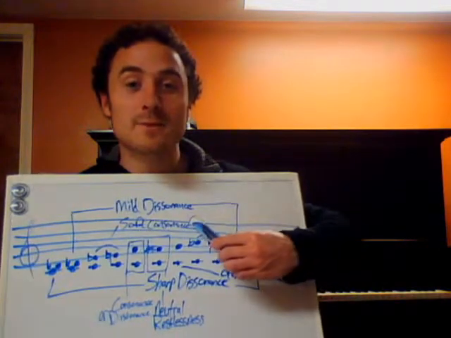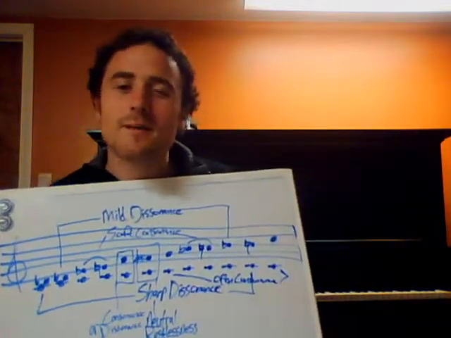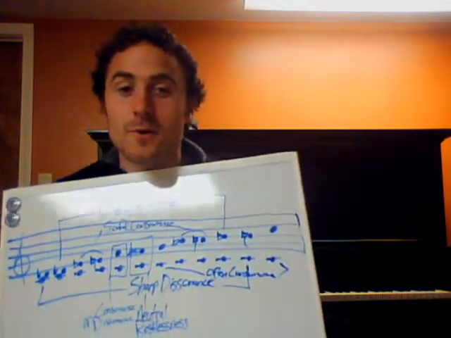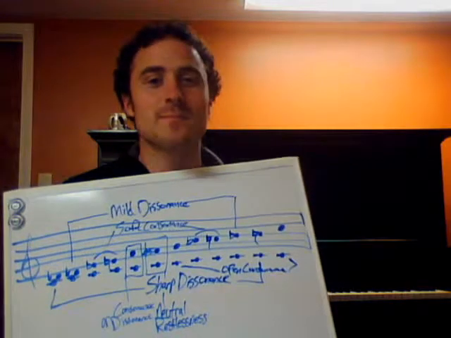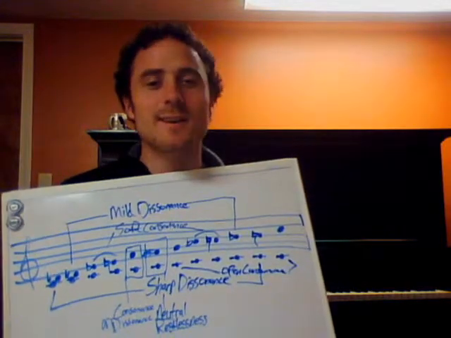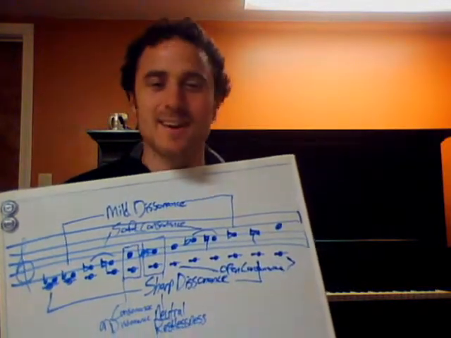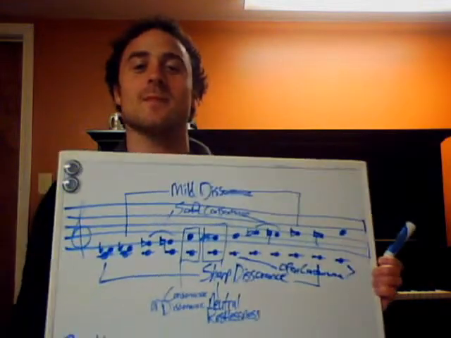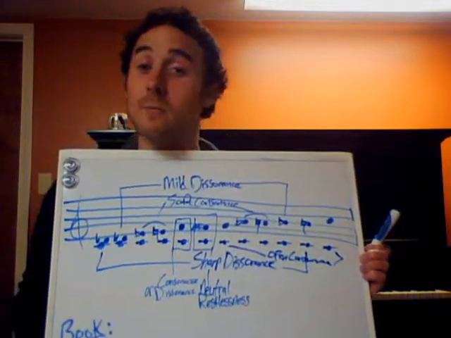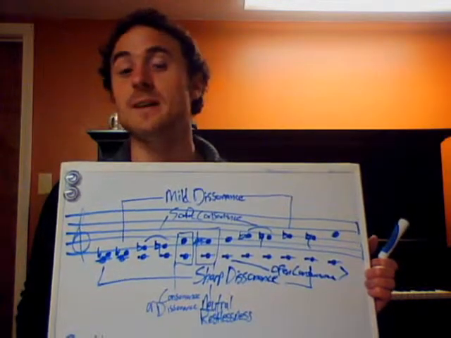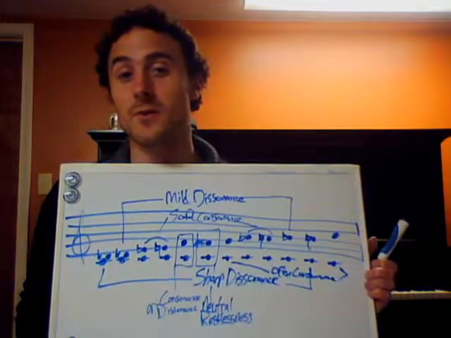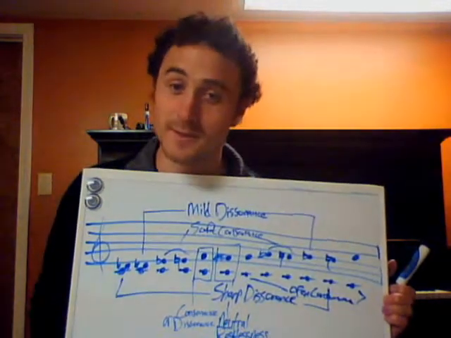We got the mild dissonances. And the mild dissonances are your major second and your minor seventh. The cool thing about your minor seventh is flat 7 is known for the Mixolydian scale.